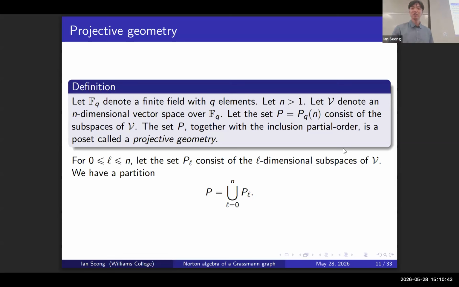One remark is that we need to distinguish the cal V and the Roman V that we had originally. The Roman V is the vector space on which the matrix algebra acts, and this cal V is just an n-dimensional vector space that we use in order to define a projective geometry and the Grassmann graph that will follow soon.